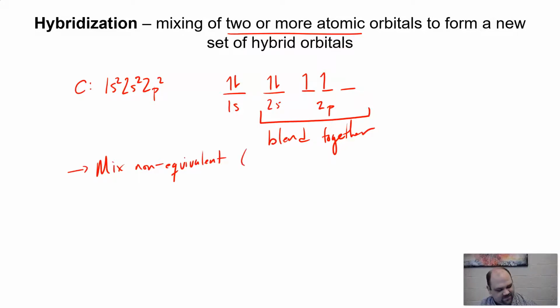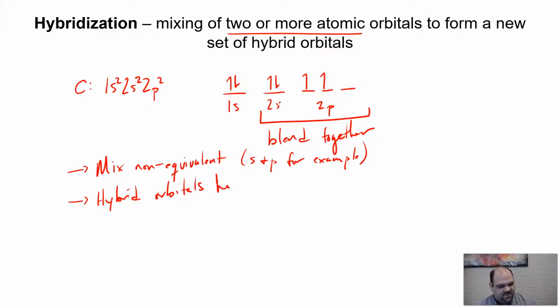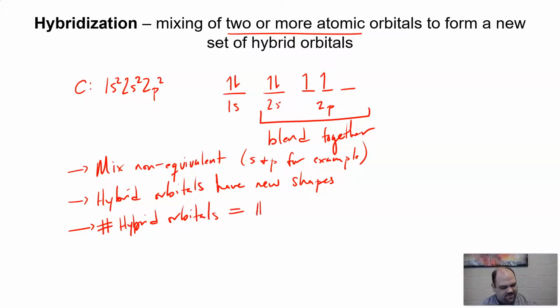We have to mix S and P, for example, like we're doing here with carbon. Right? Hybrid orbitals have new shapes, and that helps explain some of the molecular geometries that we've seen. The number of hybrid orbitals that we make has to equal the number of atomic orbitals that we started with.